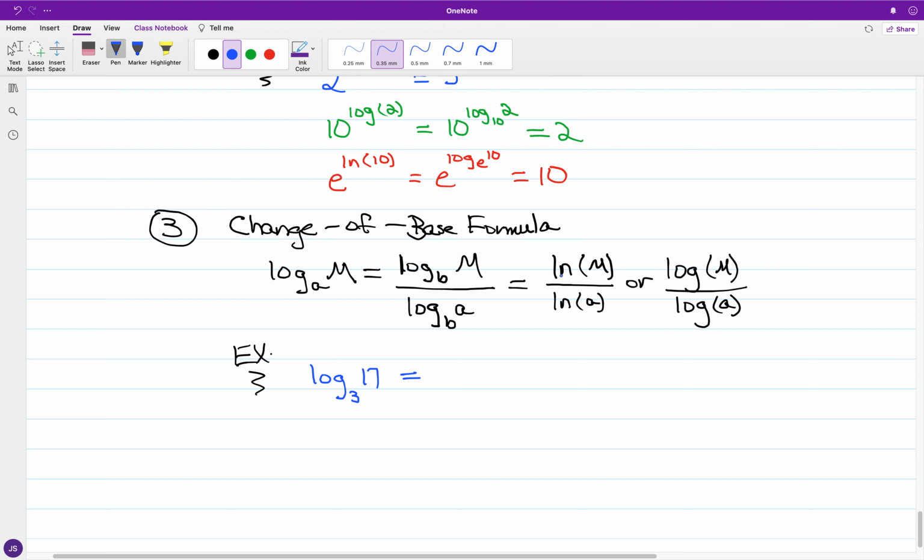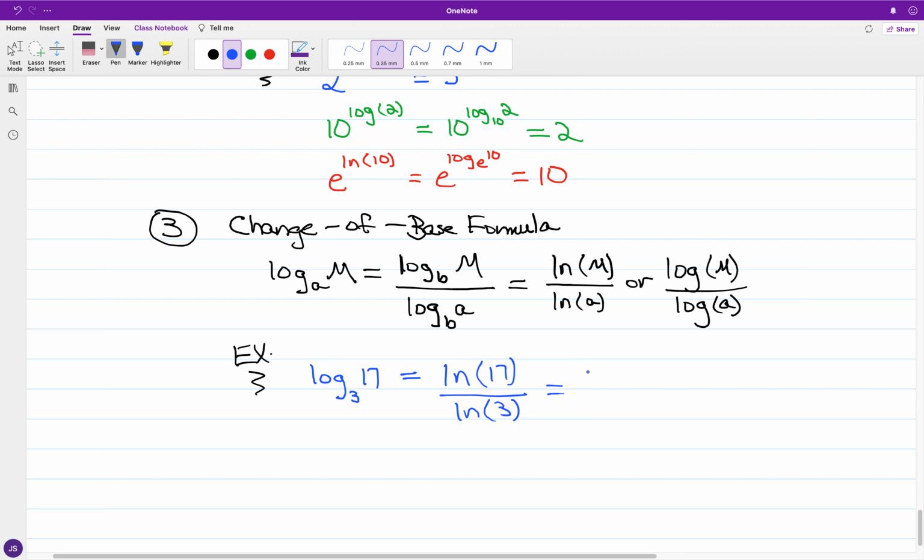For the base b logarithm, I can choose either natural or base 10 logarithms. I'll just go with ln on this one. So I have ln of 17 over ln of 3.